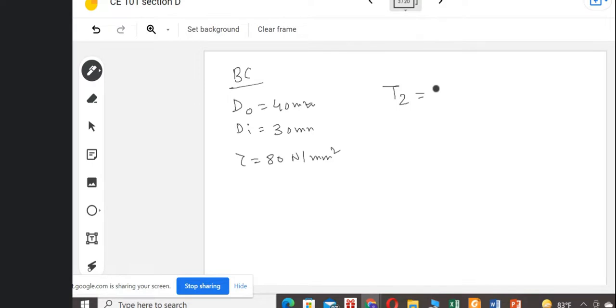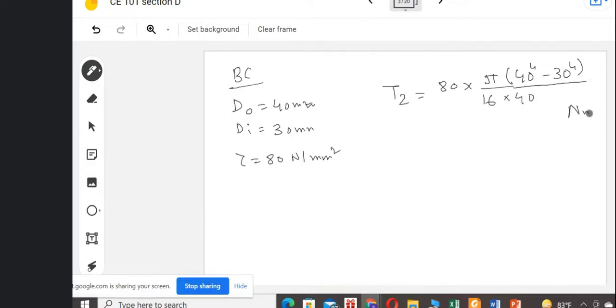So T2, what is the expression? T2 will be tau, this 80, into pi by 16 into d naught, here it is 40 to the power 4 minus 30 to the power 4. Right? I have not checked yet. 80 into pi by 16 into d naught. Yeah.